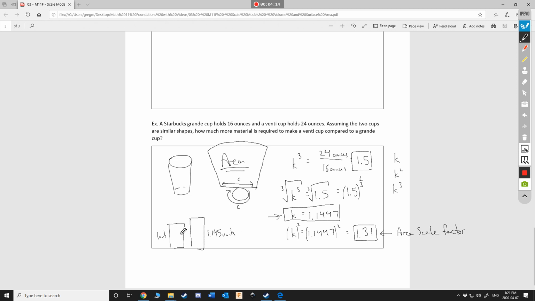The original can hold 1 unit of volume, and the new one can hold 1.5. So basically, it's going to be 1.1447 times taller. It's going to require 1.31 times more area, but it can hold 1.5 times more stuff inside the cup.